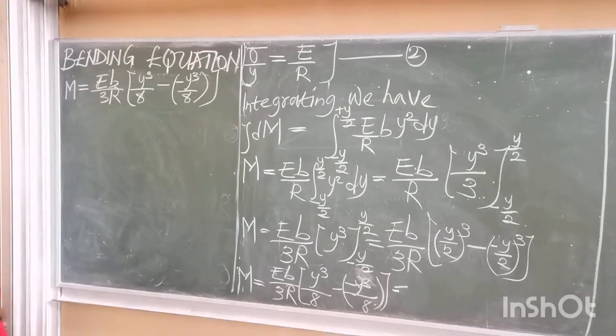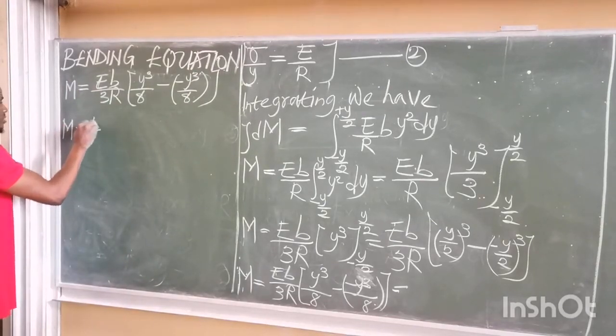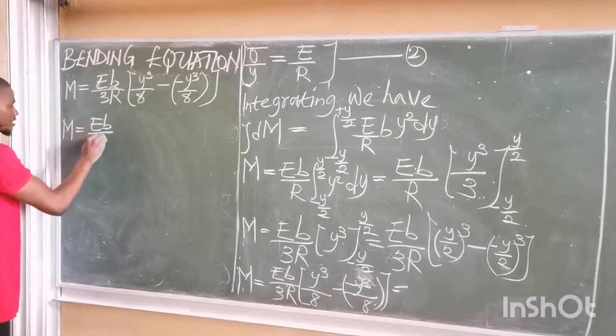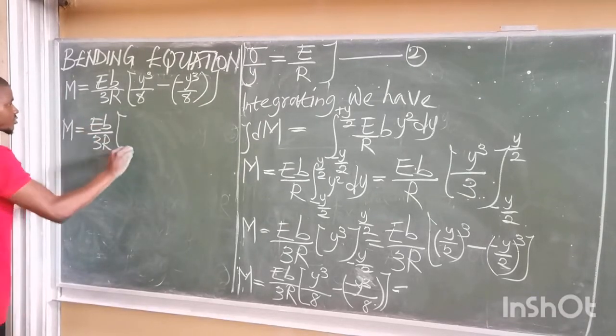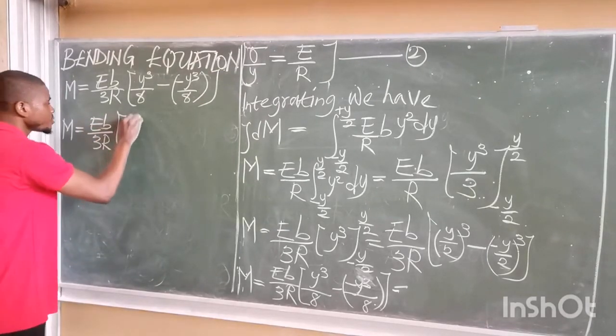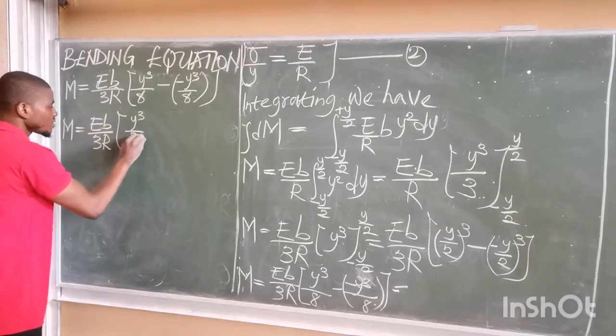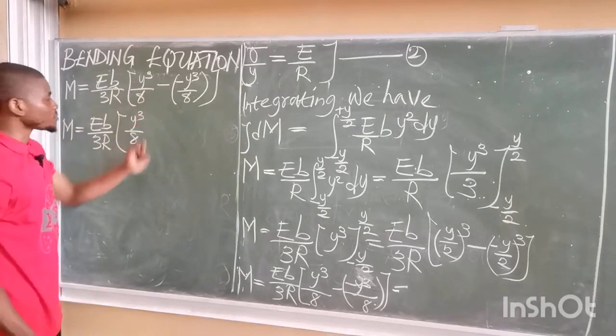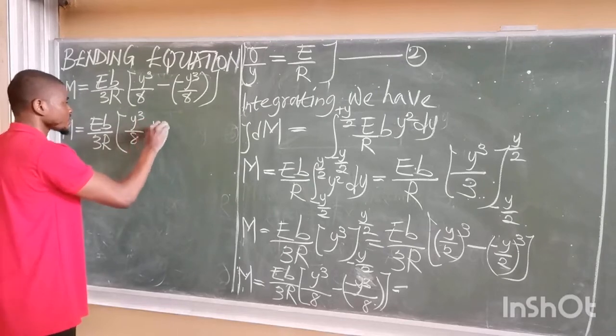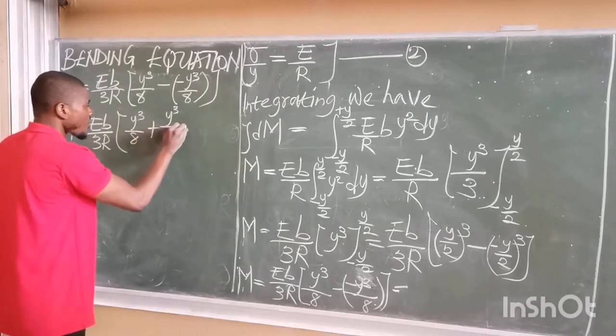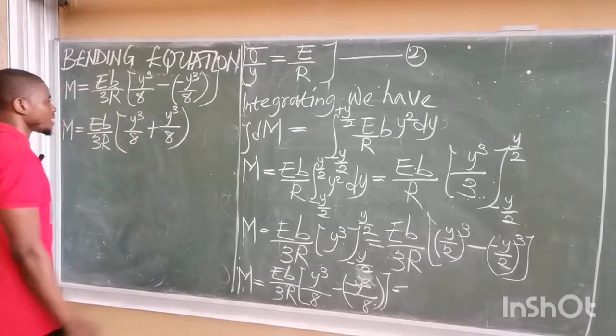So moment is equal to E B over 3R into y cube over 8. Now minus times minus becomes plus, so I simply have plus y cube over 8.